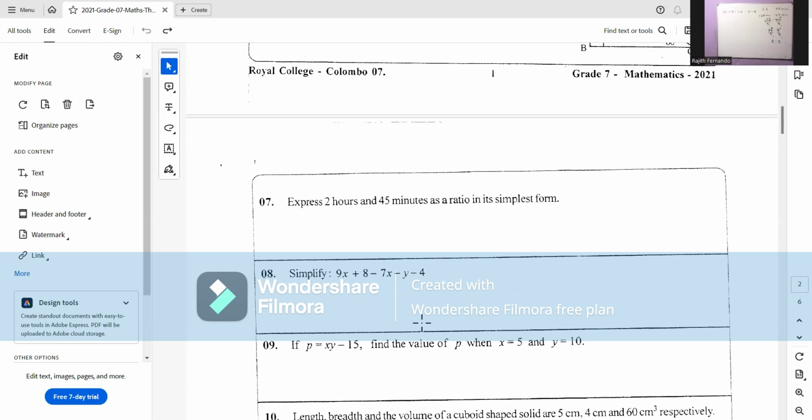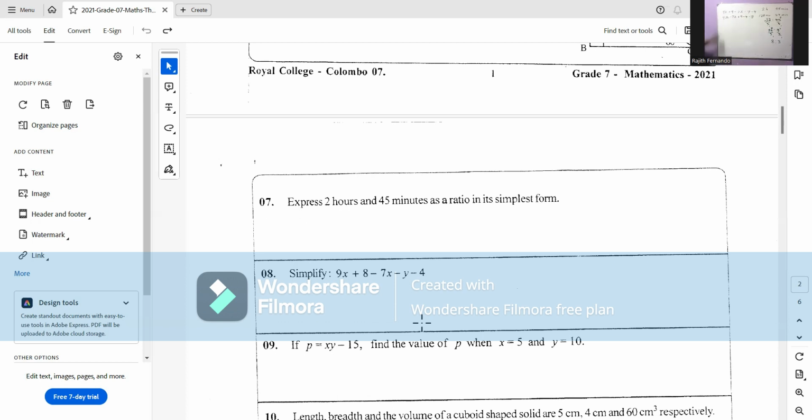Right. 9x plus 8 minus 7x minus y minus 4. Then you can collect similar terms in similar places: 9x minus 7x, plus 8 minus 4, minus y.